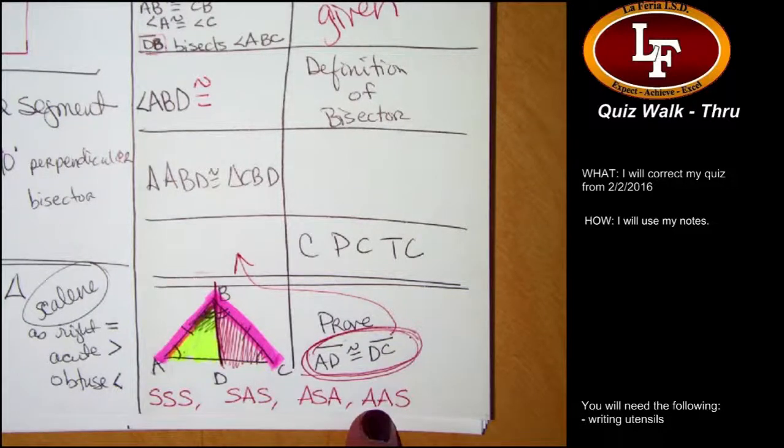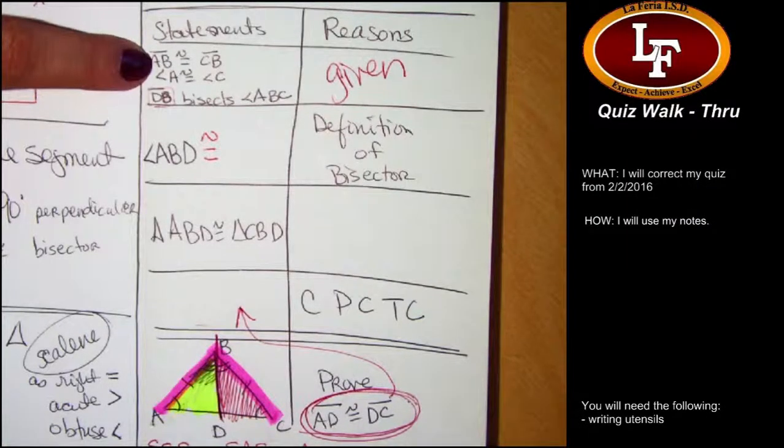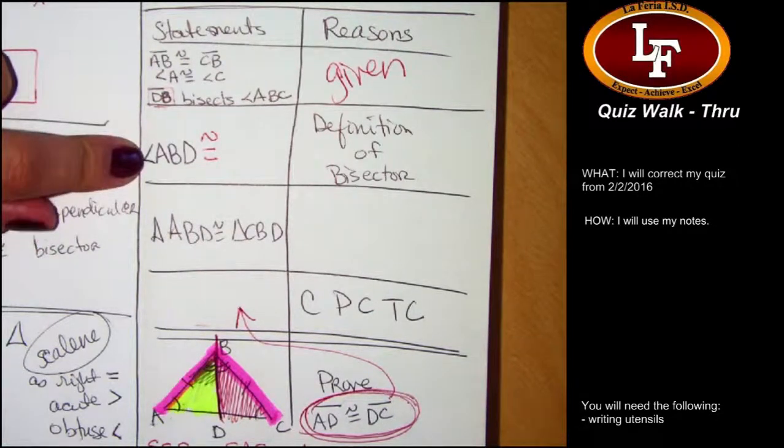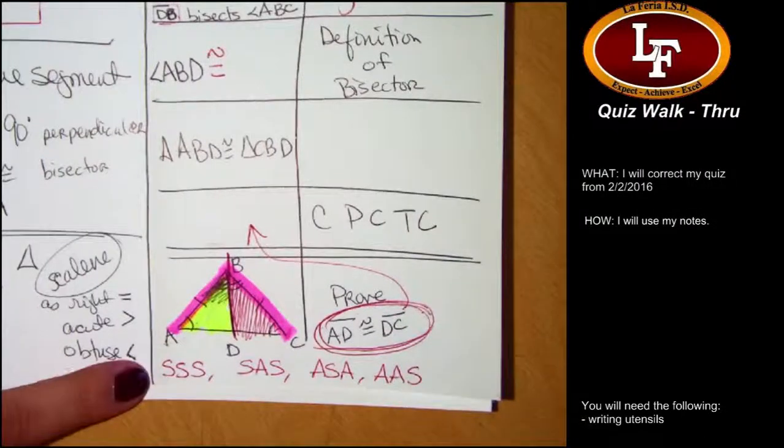So what information do you have? From the given, I have a segment, I have a side, and I have an angle, right? And from this line, I have another angle. So I have two angles and a side, yes? Does that mean I have information for side, side, side? No, because this one requires three sides, and I don't have three sides, I only have one.